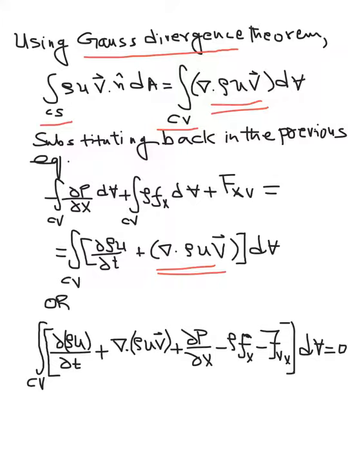In this form, the integral will only be 0 if the integrand is equal to 0. So using this basic technique, I will further write down this equation in the differential form.